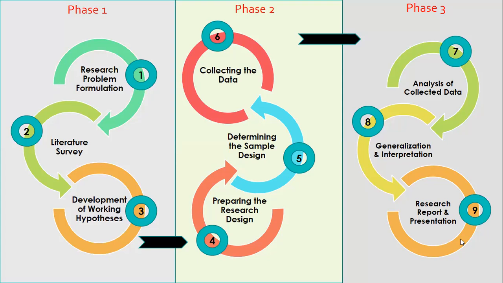The next is to conduct a literature review. The third is to develop a working hypothesis. After conducting the research, the hypothesis may be a null hypothesis or a true hypothesis, whether you reject or accept that hypothesis.